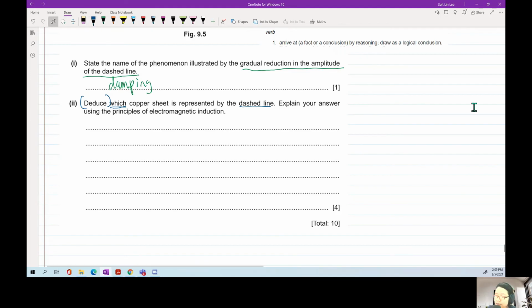Okay, so here is the general template that you must modify if, let's say, you want to explain things using Faraday or Lenz's law.